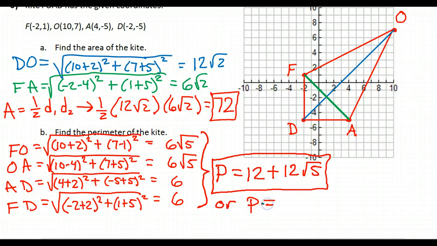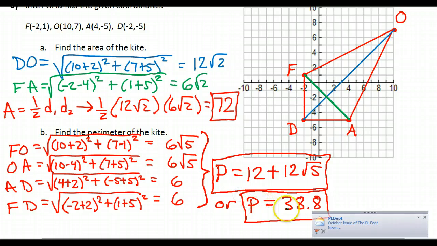But of course I could put this in my calculator and get a decimal real quick. And I'm getting 38.8. Okay, and that would be the decimal form of the perimeter.